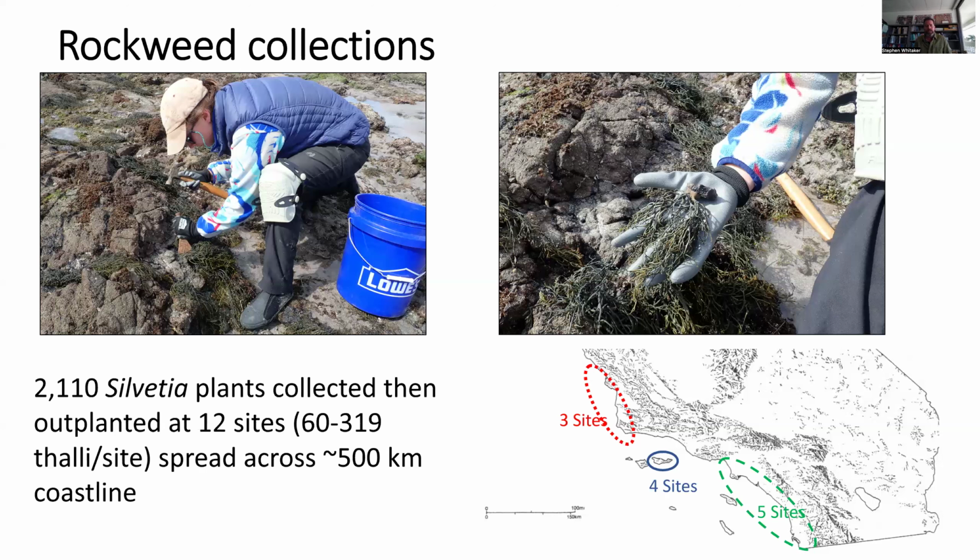And the idea here was to chip out enough rock underneath the holdfast, which is the disc that the rockweed uses to attach, so that you can then epoxy that whole piece into your new site without affecting the holdfast's ability to hold onto the rock. We found that if you get epoxy onto the rockweed, that could impair its ability to survive. We collected a total of 2,110 Sylvicia plants, and we outplanted them into 12 different locations.